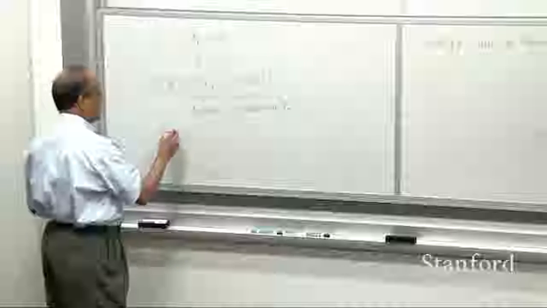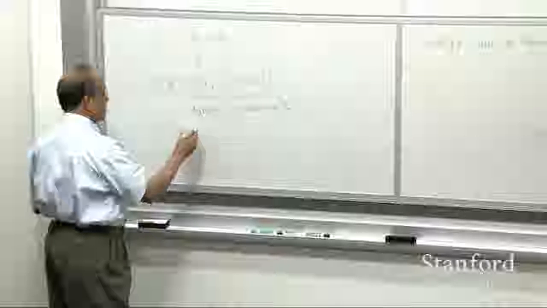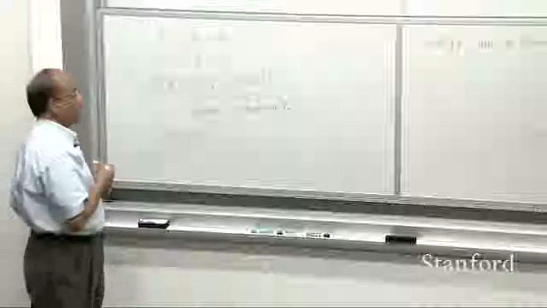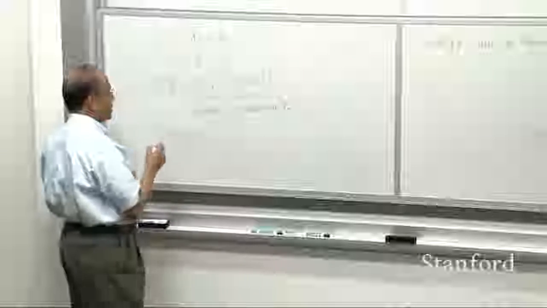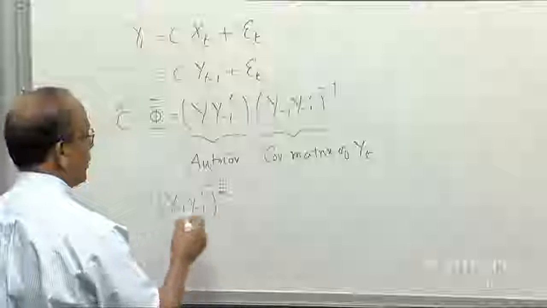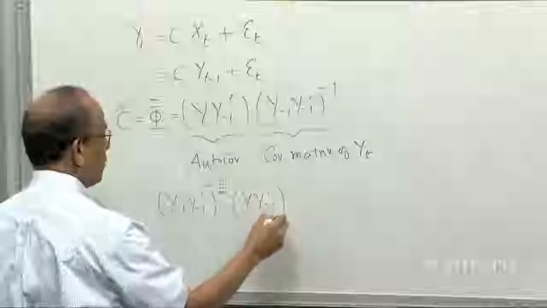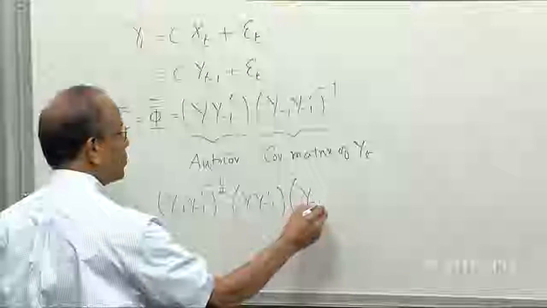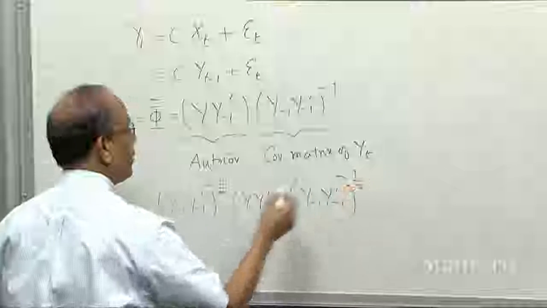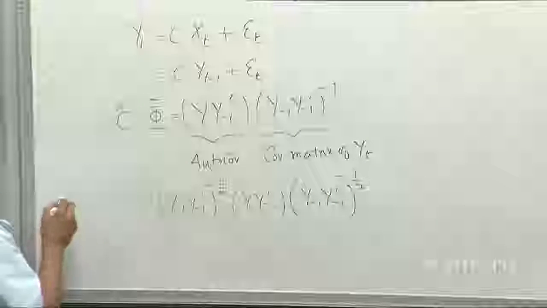It is done as follows: y minus 1, y minus 1 prime to the power minus one half, on the right hand side, instead of minus 1, you use the square root matrix, times y y minus 1 prime times y minus 1, y minus 1 prime to the power minus one half. This is sometimes known as the autocorrelation matrix.